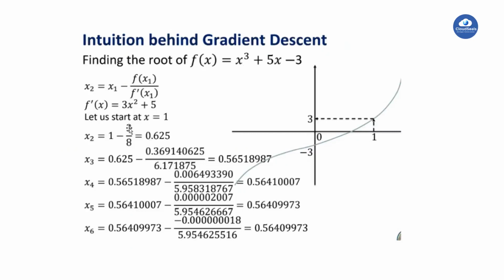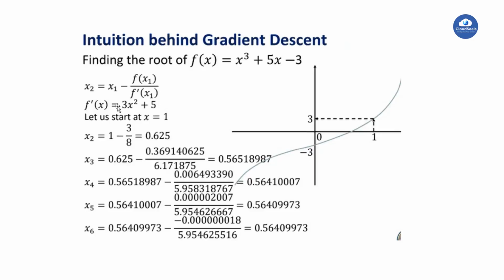So here it is 3. f dash of x is 3 into 1 square, 3, plus 5, that is 8. So x2 is 0.625.